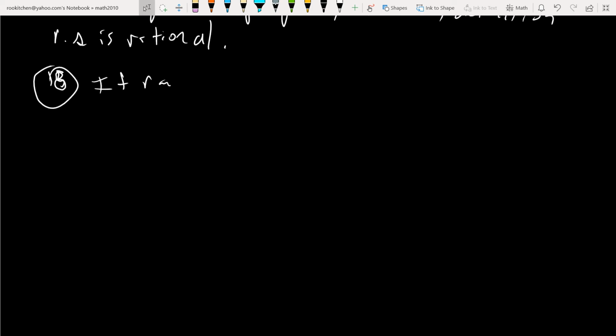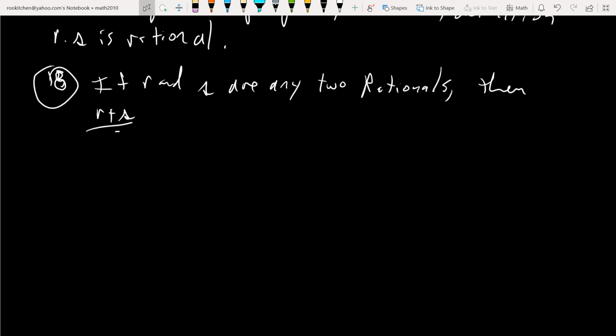If R and S are any two rationals, then (R plus S) all over 2 is also rational.